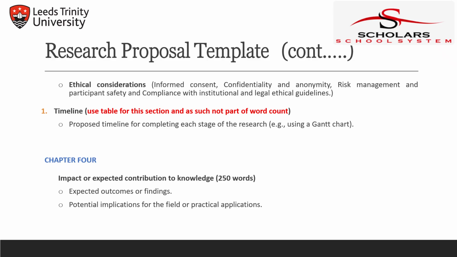Further, they can also include participant safety and compliance with the institutional and legal ethical guidelines. In week 15 of semester 2, we will go through the ethical considerations in detail.